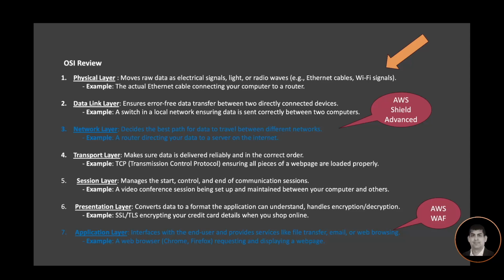So layer 3 is the network layer, and that's where, in the previous slide, I was showing that another AWS service, AWS Shield Advanced, provides protection at the network layer level. The AWS WAF, which we are using in this example, provides the protection at the application layer.